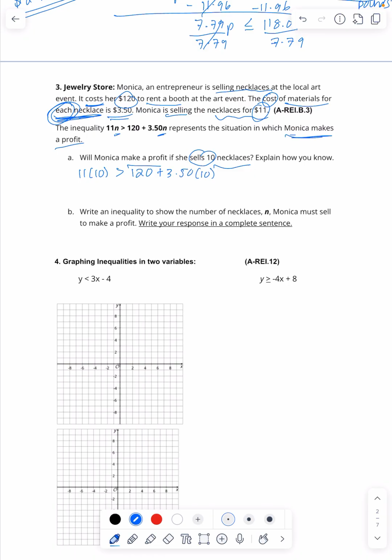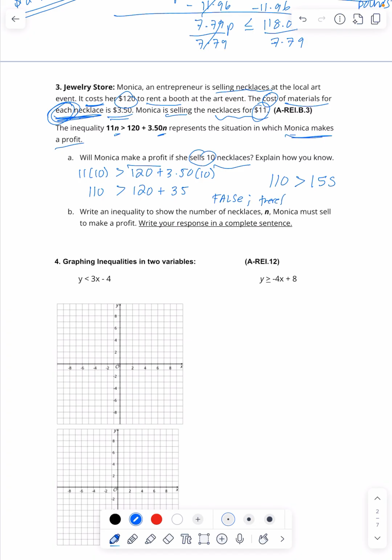So we get 11 times 10, that gives us 110, is greater than 120 plus, 3.50 times 10 is 35, so 155. So in this case, it is false.